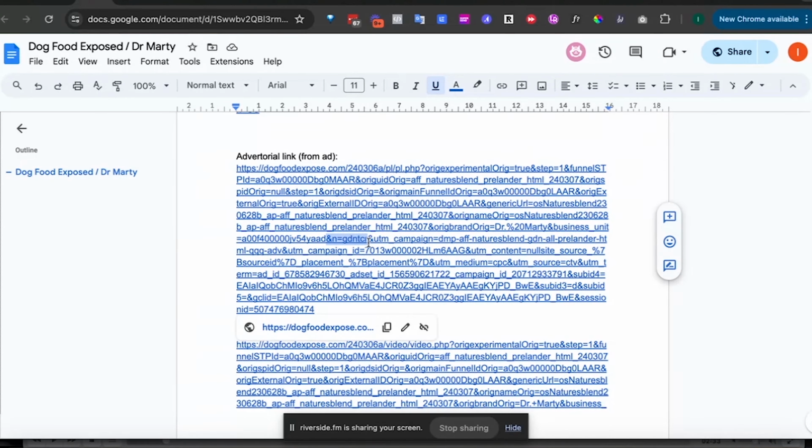So we have UTM campaign, campaign ID, content, UTM medium, source, UTM term. And what I really like about the term, so we can focus on that for a second, is they're actually adding all of their IDs so that they can track each individual component of a campaign. So they have ad ID equals this. This is the ad ID that they serve this on.